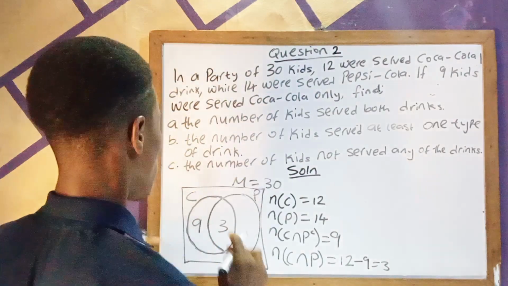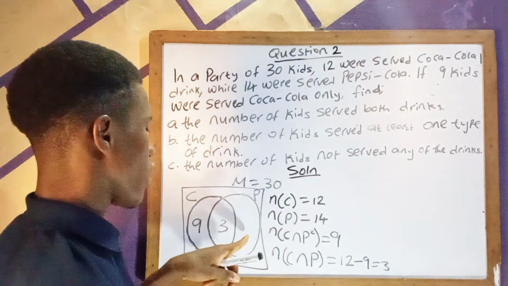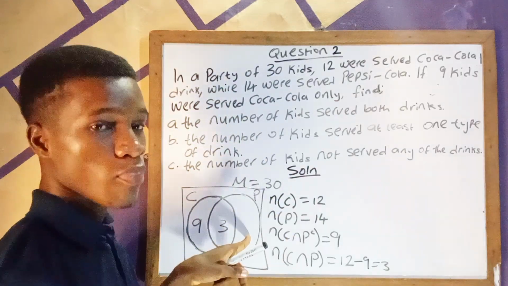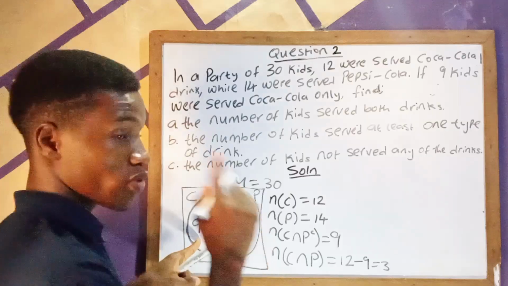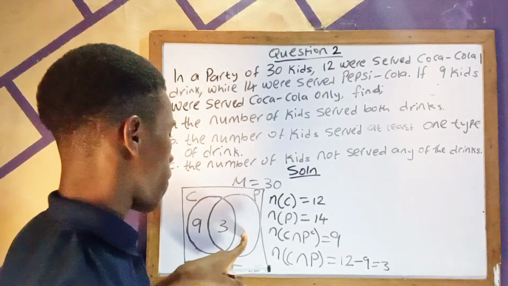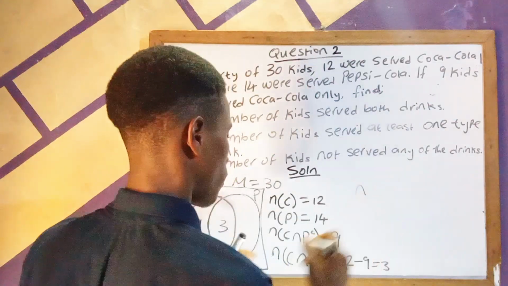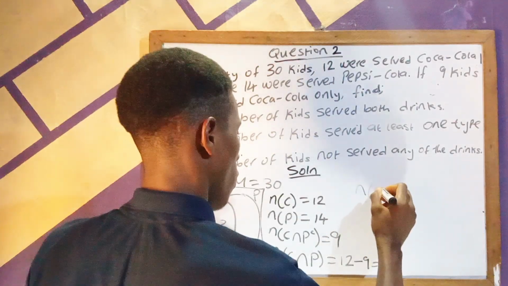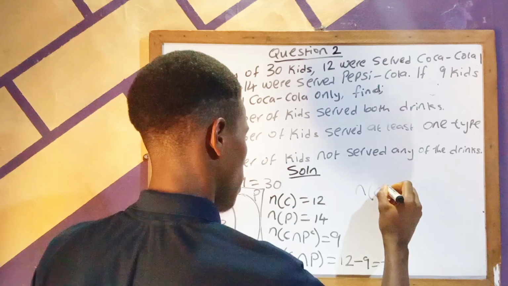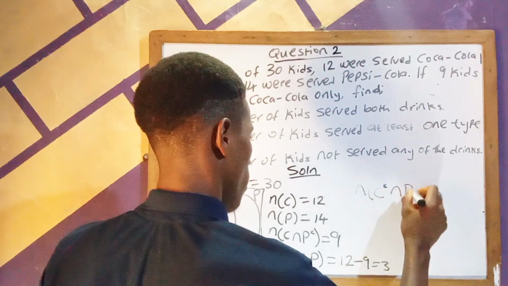So the next question says the number of kids served at least one type of drink. So we go over to find the number served only Pepsi-Cola, so we can tell those that took only one drink. Those served only Pepsi-Cola we have as the cardinality of Coca-Cola complement intersection Pepsi-Cola.